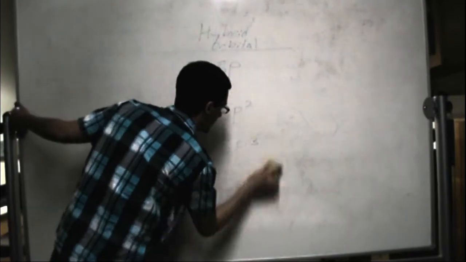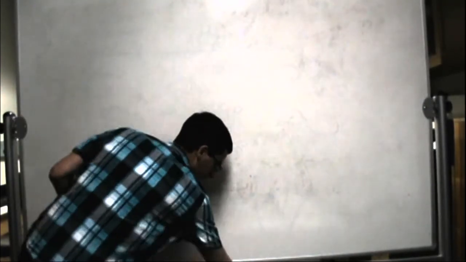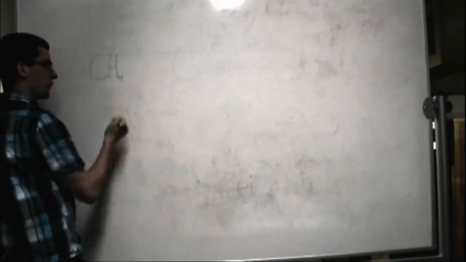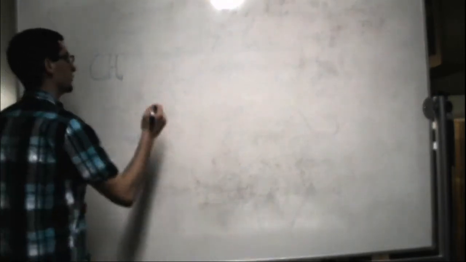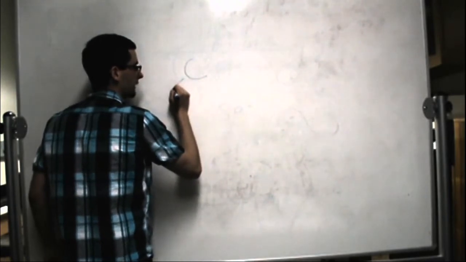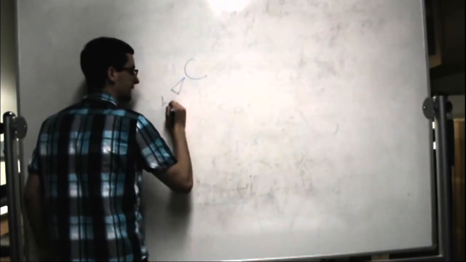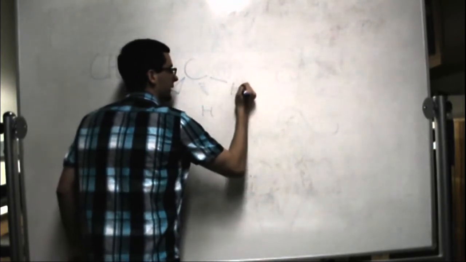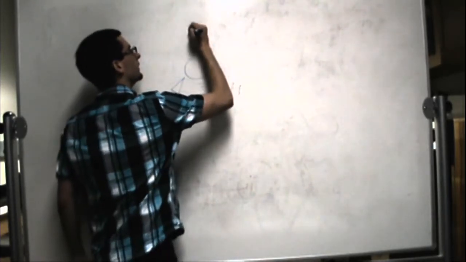Alright, so let's go through a couple of examples to better illustrate this point. Let's look at a couple of molecules, something like methane. Methane's pretty simple. It has the structure CH4, which we know is tetrahedral. If we were to draw this out with a Lewis structure, we would represent it in 3D space with those fancy bonds, and we'd end up with something like this.